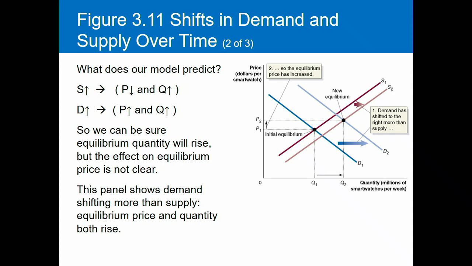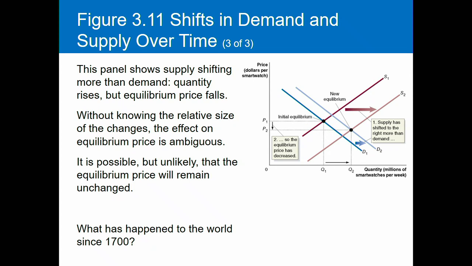But we can imagine the opposite scenario, where supply increases more than demand. So in this case, we see the price actually fall while the quantity demanded increases. So how much the supply curve shifts and how much the demand curve shifts affects whether the price is going to increase or decrease.